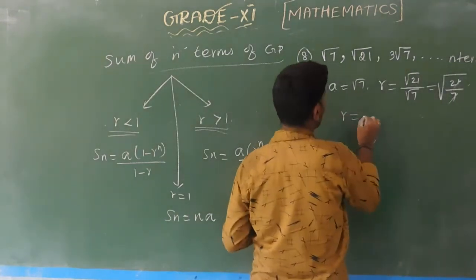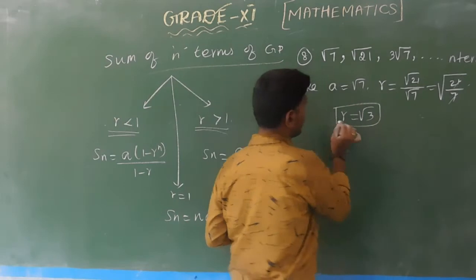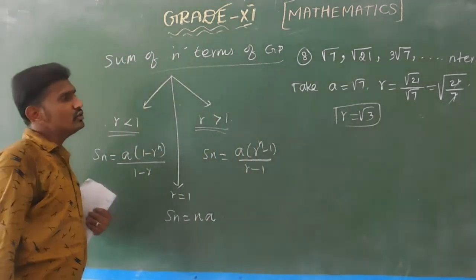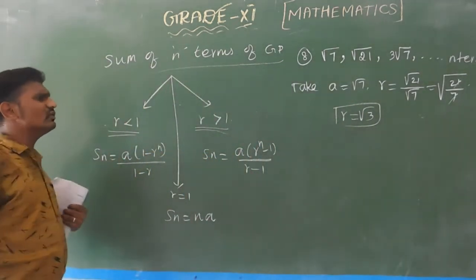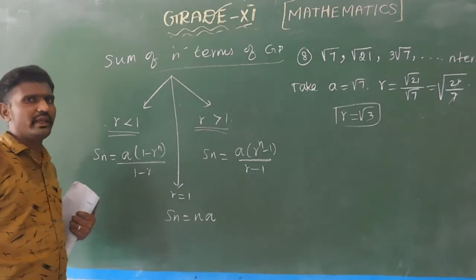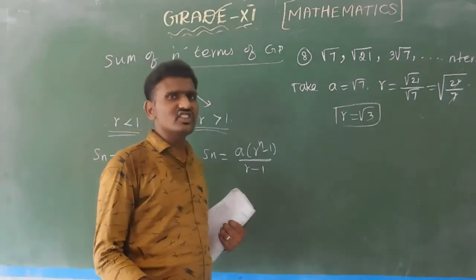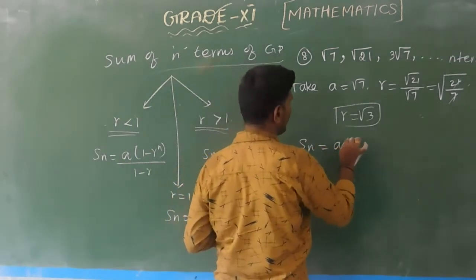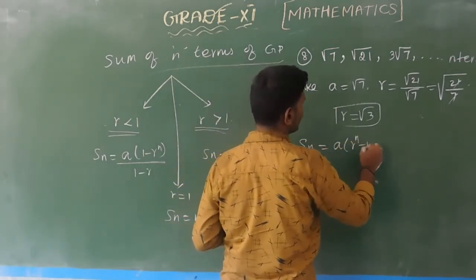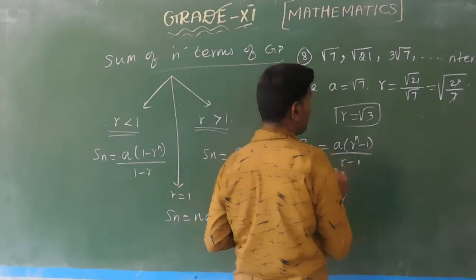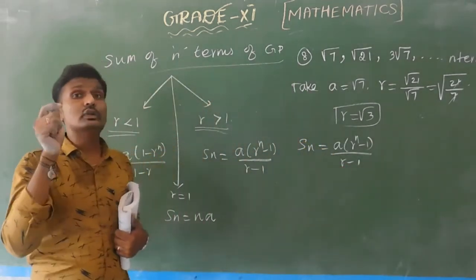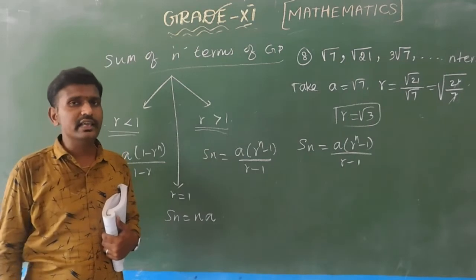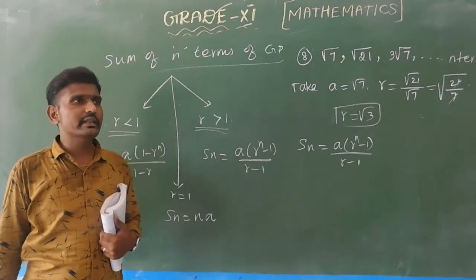So you have a value of r equal to root 3. See, is this less than 1 or greater than 1? It is a positive number only. You don't care. So take Sn which is equal to A into r power n minus 1 divided by r minus 1. Why? Because you have a root 3 value.